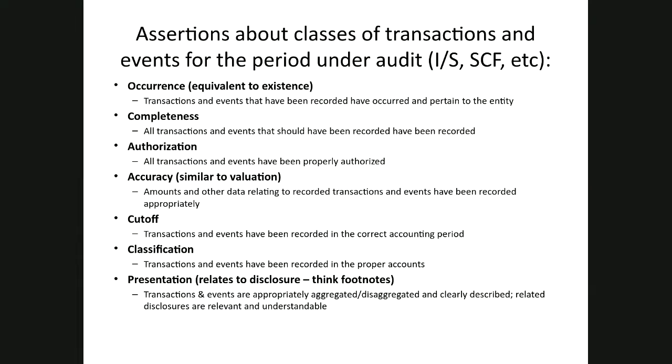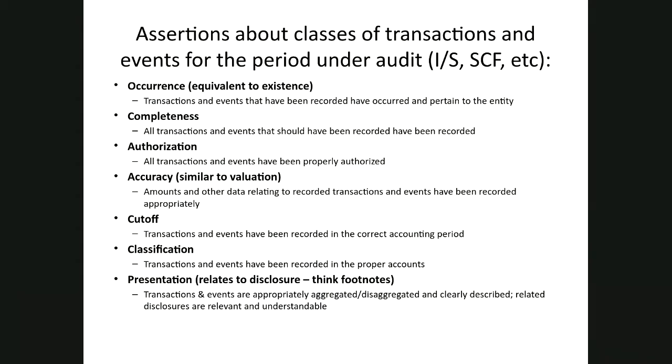So if you have sales shipped FOB destination those last few days of the year, they may not have actually reached their destination by fiscal year end. And in that case, you're not supposed to recognize revenue, but a lot of companies do. It's actually a very common error that I personally saw when I was auditing.